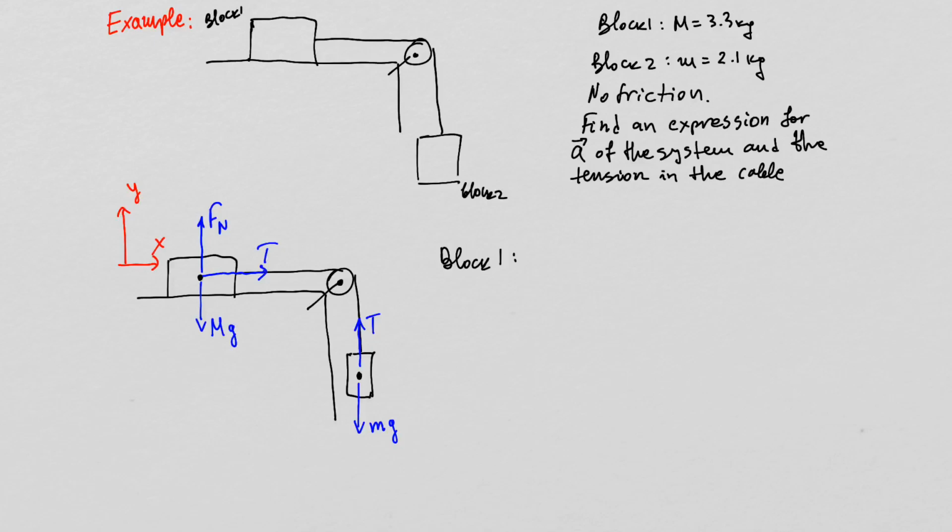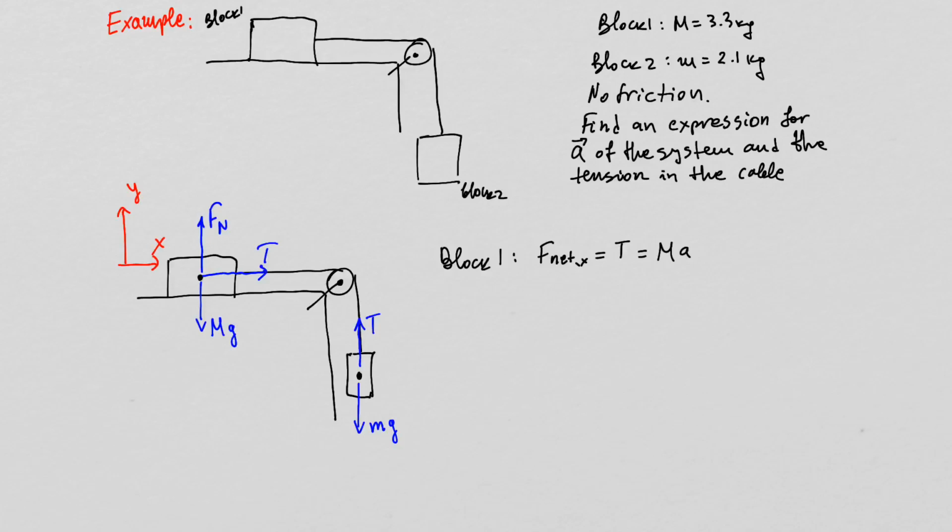Now for block number 1, we have net forces in both x direction and y direction. So that means that Newton's second law here will be written for both coordinate directions. So for the x coordinate direction, the net force in x direction is equal to the force of tension. That is the only force that acts on this block. And of course, from Newton's second law, that is also equal to the mass of this block times the acceleration of motion.